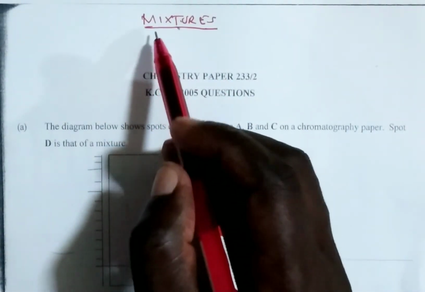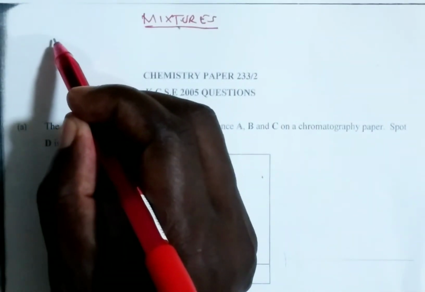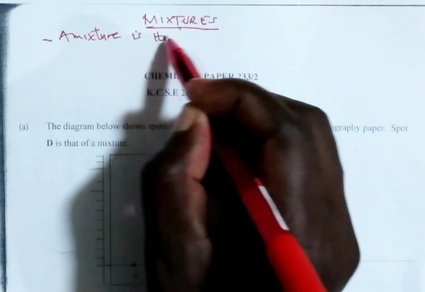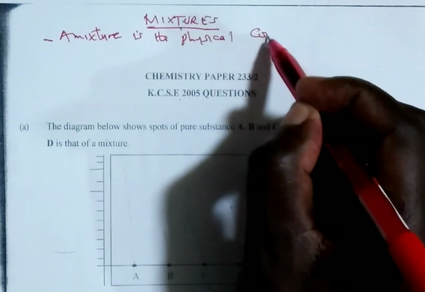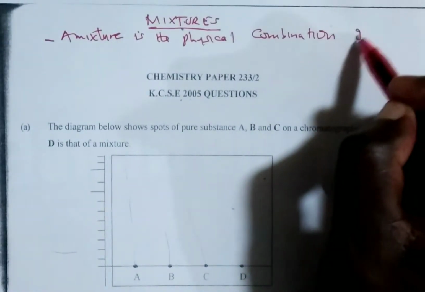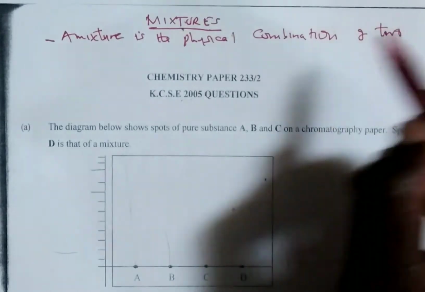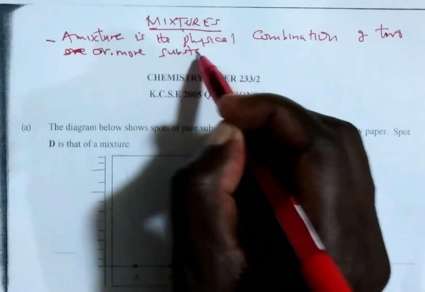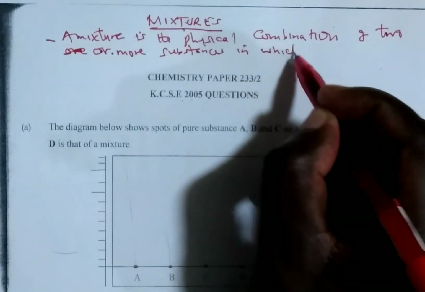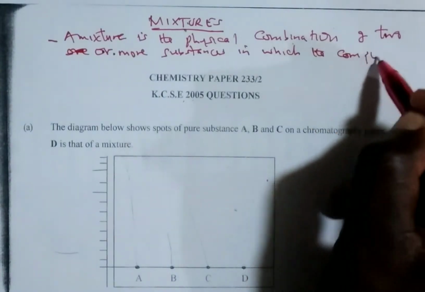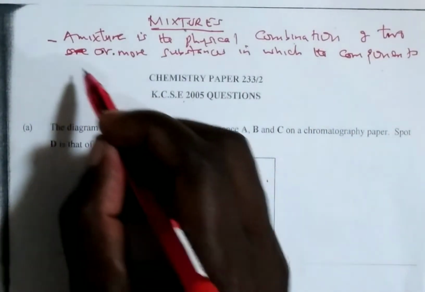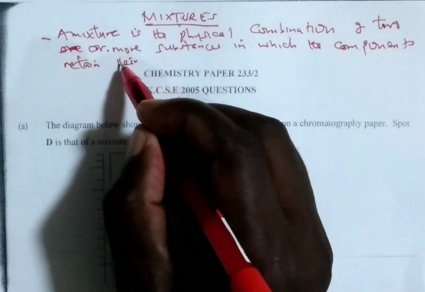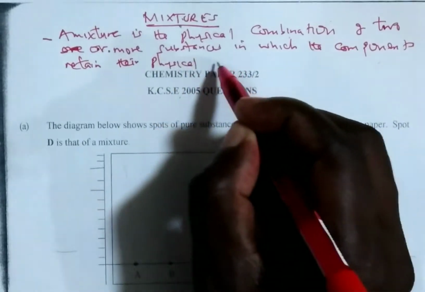When we are talking about mixtures, we know that a mixture is the physical combination of two or more substances in which the components retain their physical identity.